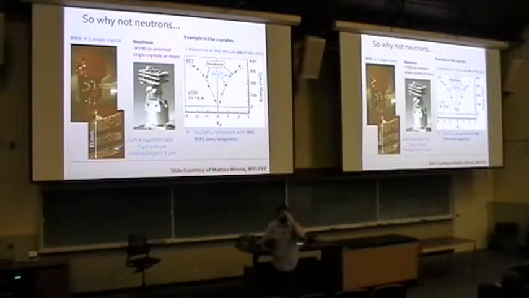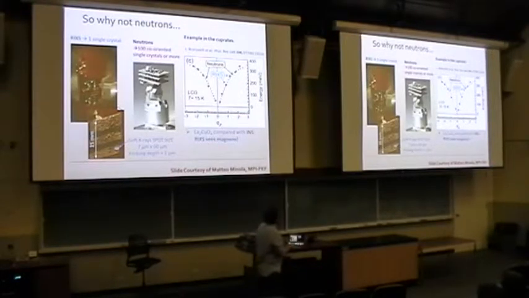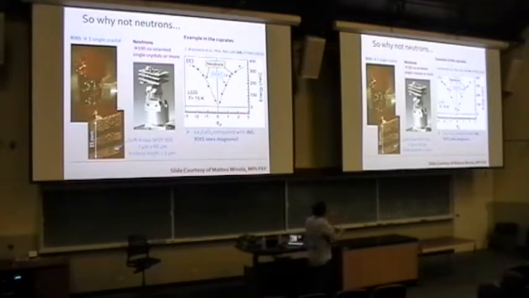It's going to be small. So as long as your sample area is going to be larger than that, you're going to be able to get a very large signal. So the equivalent for RIXS would be then these little black speckles here. These are the samples that are being measured.